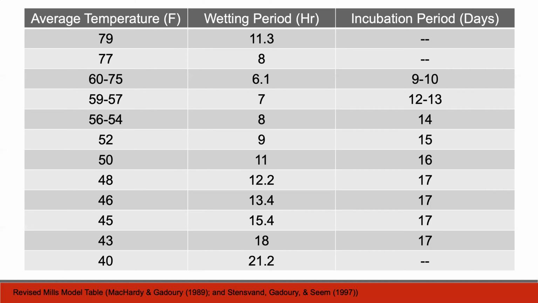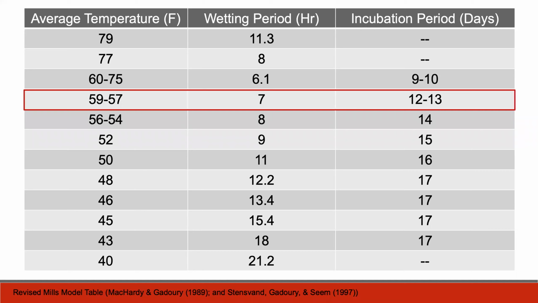So the revised Mills model table includes the number of hours of wetting to produce primary scab infections. The table also provides the approximate number of days required for lesions to appear after an infection is initiated without needing further wetting periods. For example, if we look at the 59 to 57 temperature range, at a measurable amount of rain, at least 7 hours of wetting period is needed to initiate an infection.